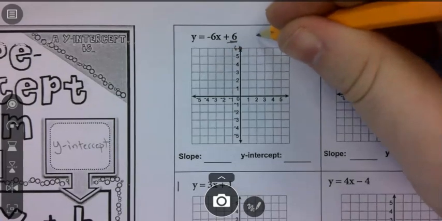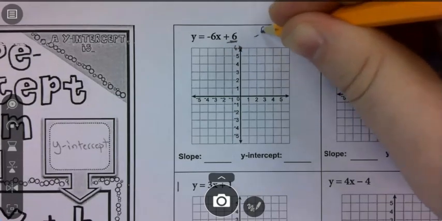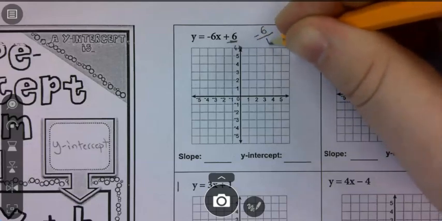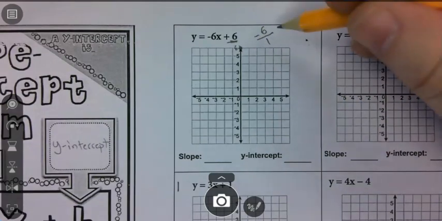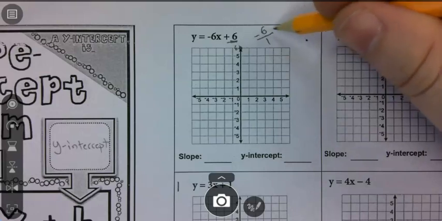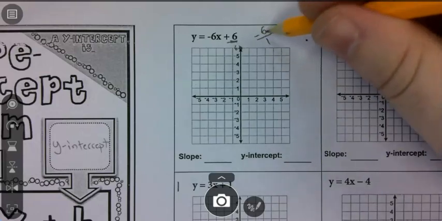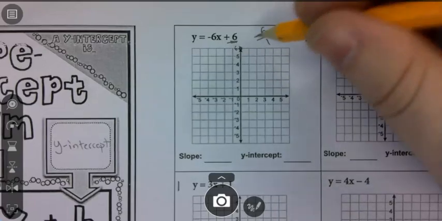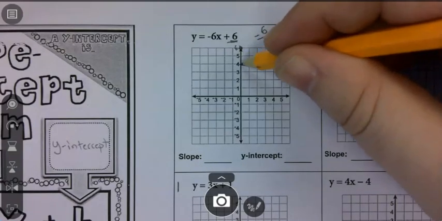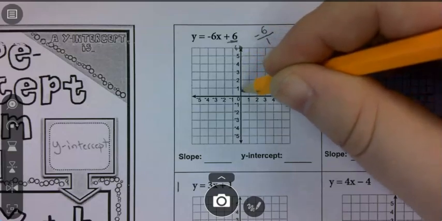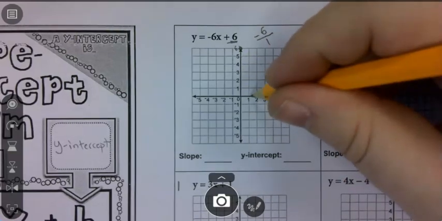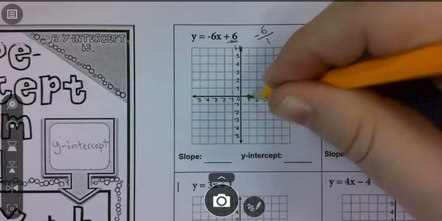We're going to transform that into a fraction by putting that over 1. And that will tell us either our rise or our fall over our run. In this case, we're going to be falling by 6. 1, 2, 3, 4, 5, 6. And we're going to go over to the right by 1.